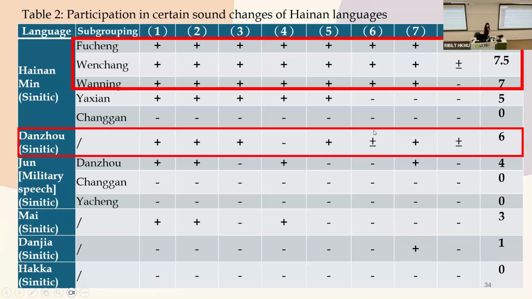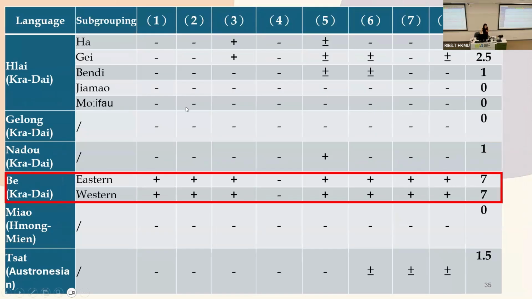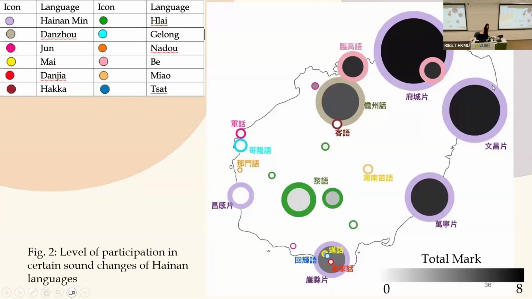Table 2 also shows the participation of each language in these 8 sound changes. Again, Hainan Min, the Danzhou dialect, and the Be language lead the chart, while the Hlai language, which is also a very important language on the island, does not participate in a lot of the sound changes.